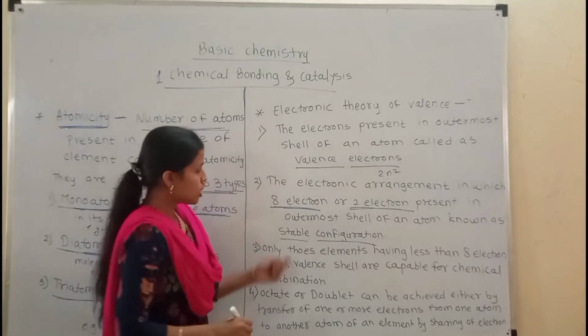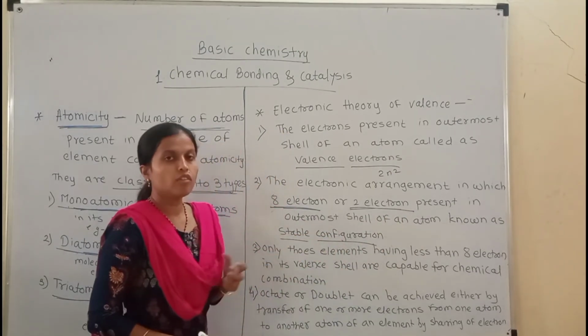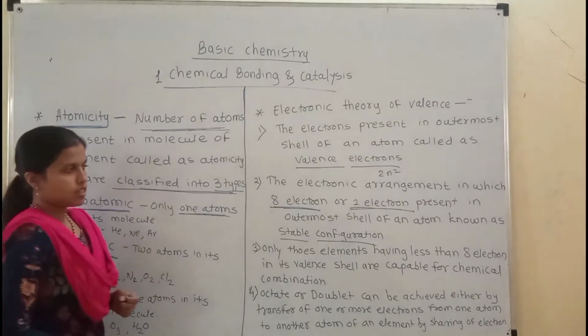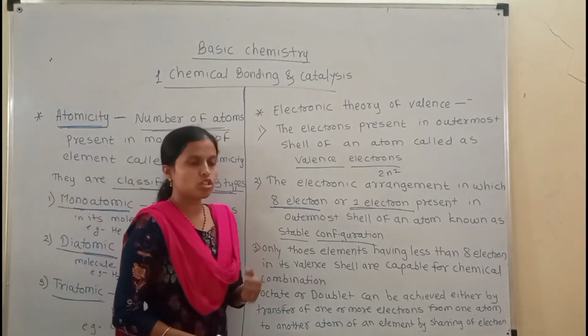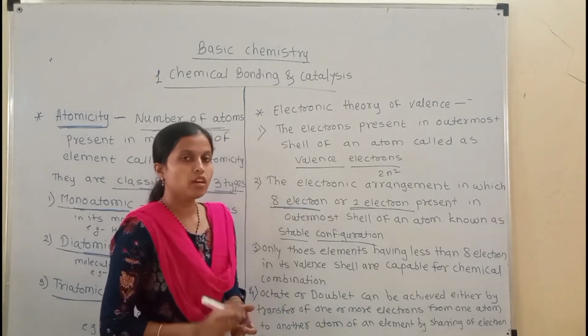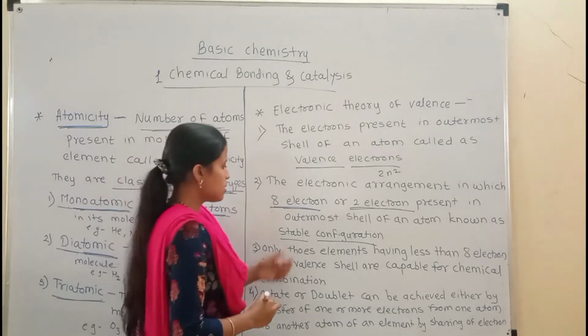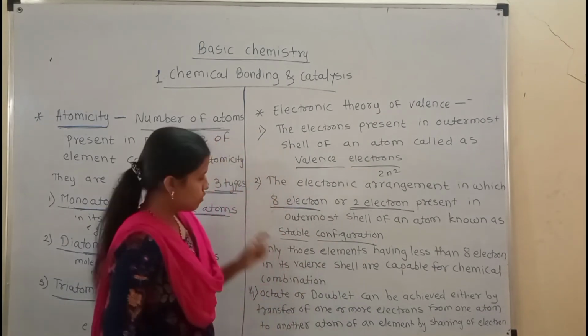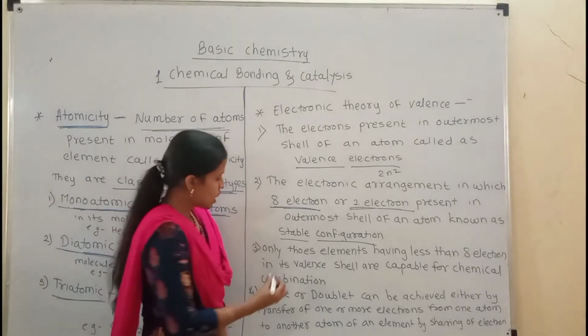For example, we already saw all the inert gases. The inert gases have an outermost shell containing 8 electrons or 2 electrons, so all these noble gases show stable configuration. Okay, so let's clear this point and see the next point of this theory.